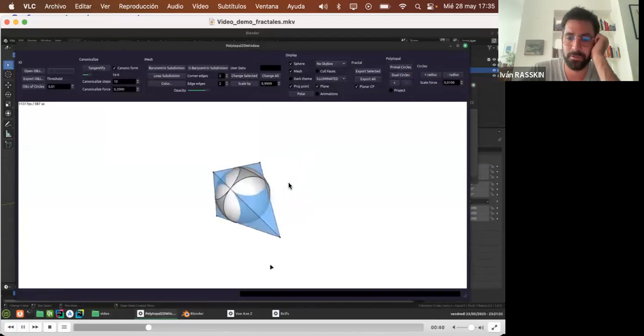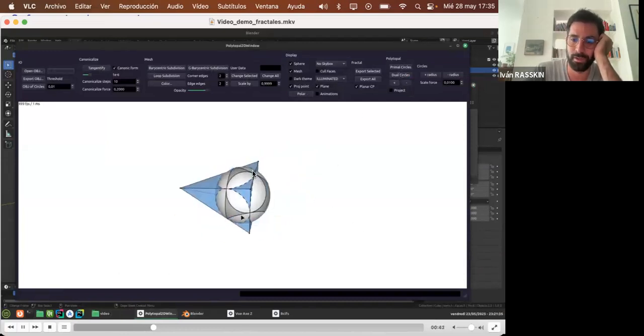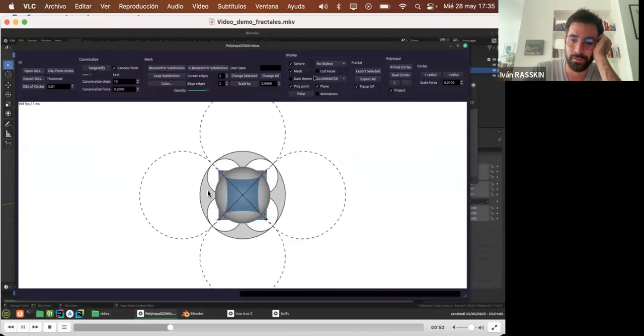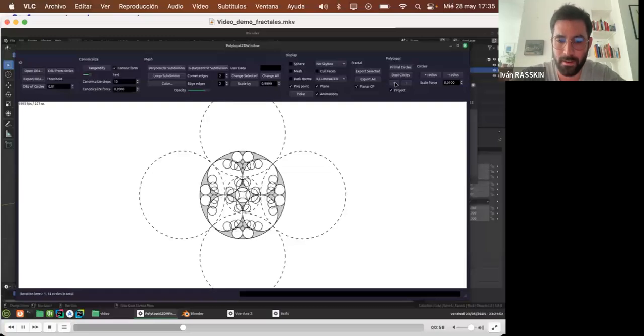From this edge-scribed realization, where every edge is tangent to the sphere, we can get the circles and the dual circles to construct the fractal. And we're going to look at the complementary. The complementary is going to be the primitive of the fractal structure. And these are going to be the inversions that we're going to apply iteratively.